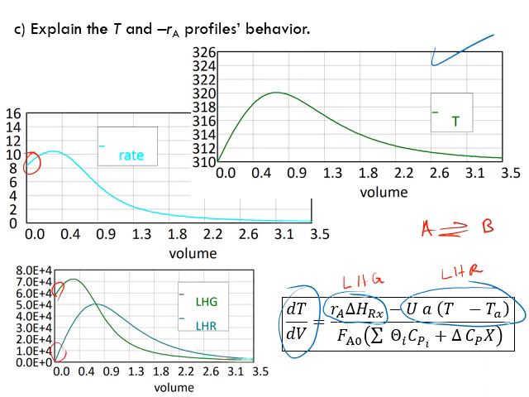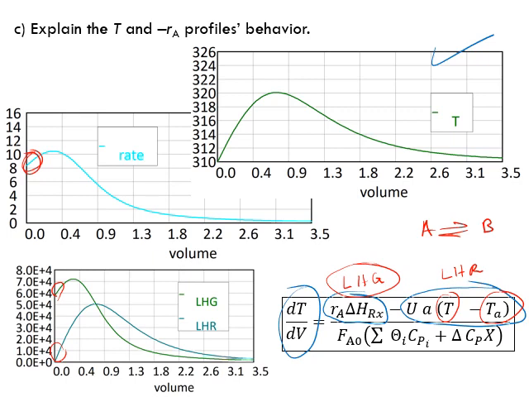Why is that? Because the temperature inside the reactor, which is around 310 Kelvin, is very close to the ambient temperature. So since the driving force is small for the heat transfer, the heat transfer rate is small as well. So the localized heat generated is more than the localized heat removed. The localized heat generated is high because the rate of reaction is high.